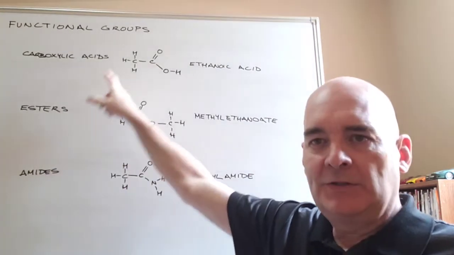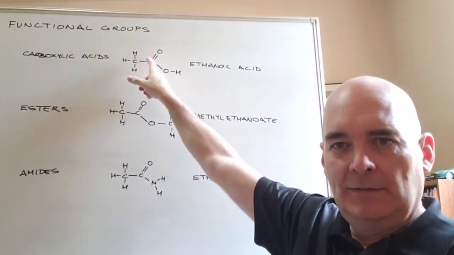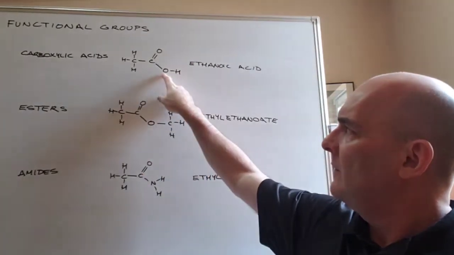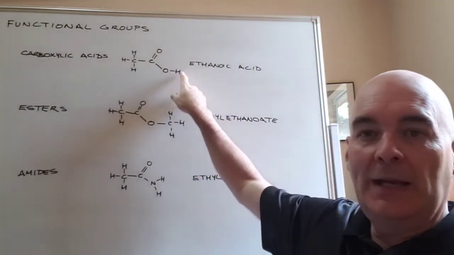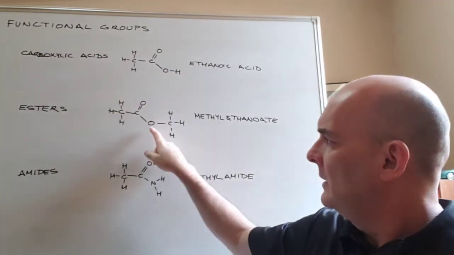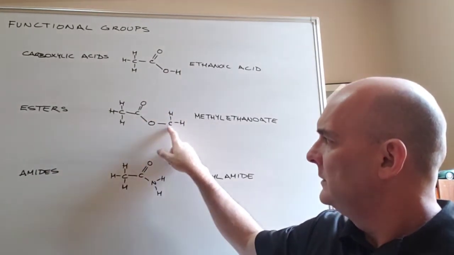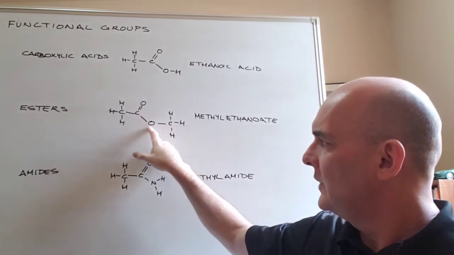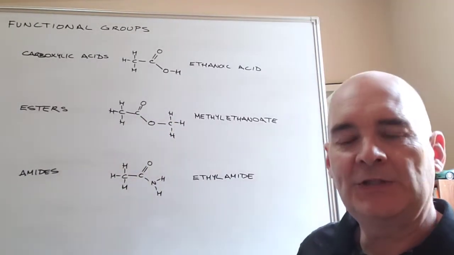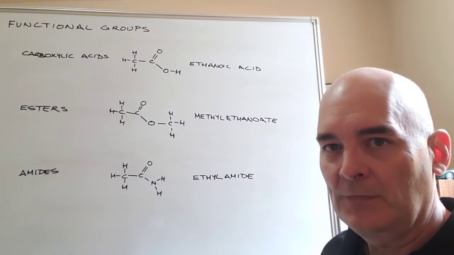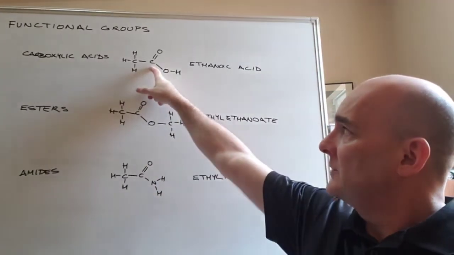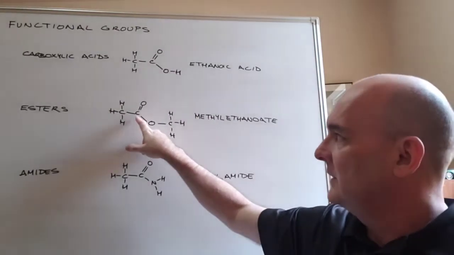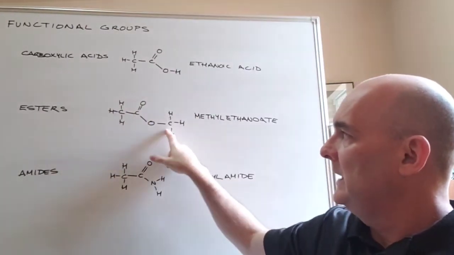Esters are just like the carboxylic acids that they came from, but instead of having an OH group, an alcohol, they have an O to carbon single bond. So a carbon to oxygen to carbon set of single bonds is called an ether. If a carboxylic acid is a carbonyl alcohol, then an ester is a carbonyl ether.